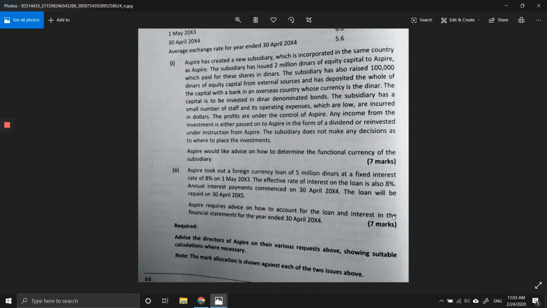It requires us to account for the loan and interest. The loan is a financial monetary item, so it will be translated at the closing date, and any gains or losses will be taken to OCI, right?